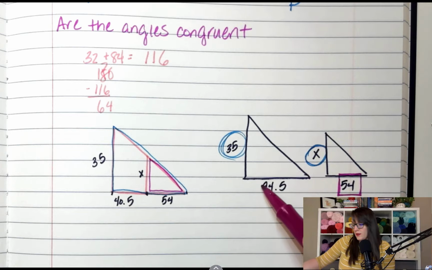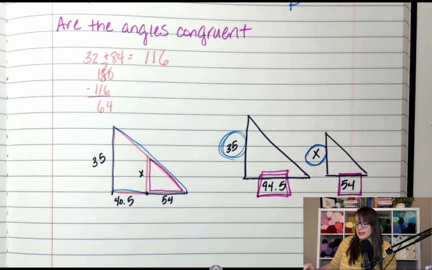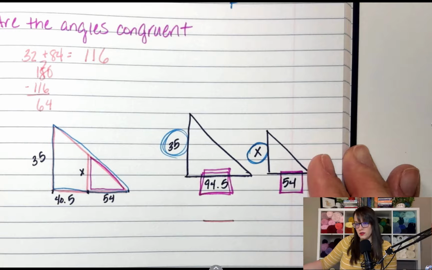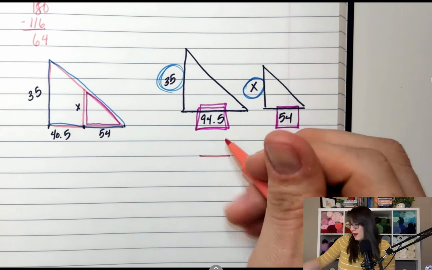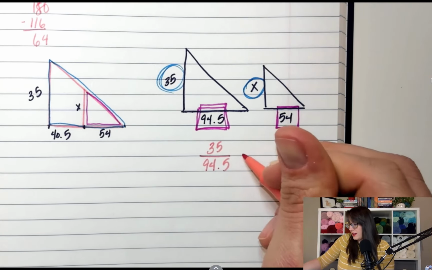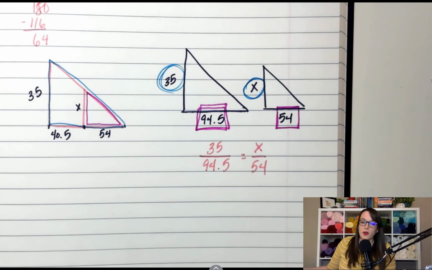So I box 54 and box its corresponding side. Now when I set up my proportion, I am going to do 35 over 94.5 equals x over 54. There's many ways you could set it up. That's just how it looks to me.